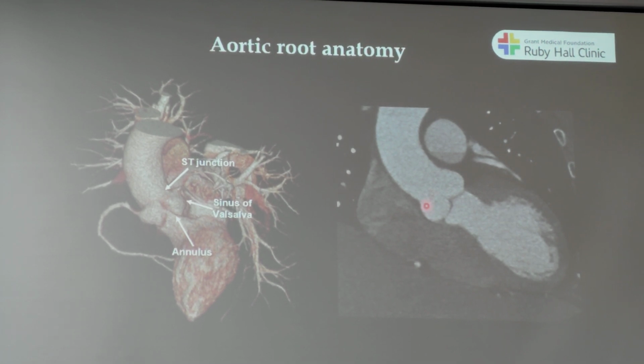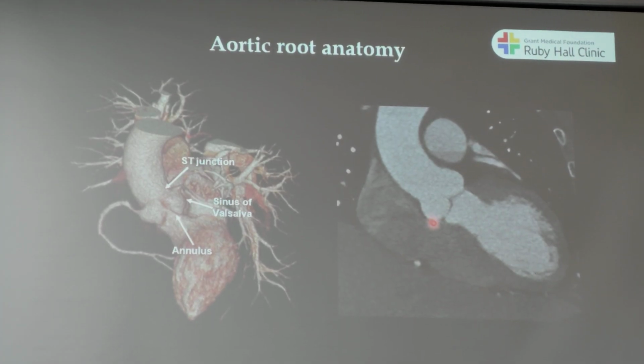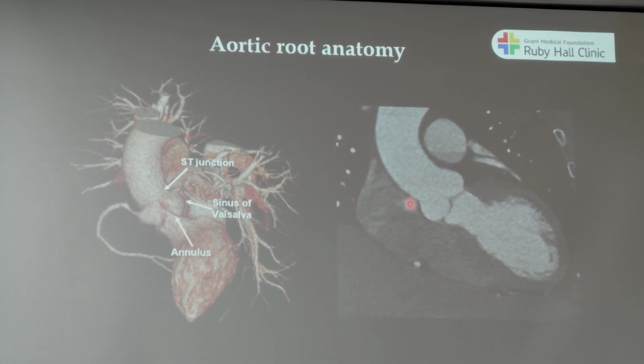So your aortic root is the part where your aorta takes off. The junction of aorta and the left ventricle is called the aortic annulus. This bulging part over here is called the sinus of Valsalva.